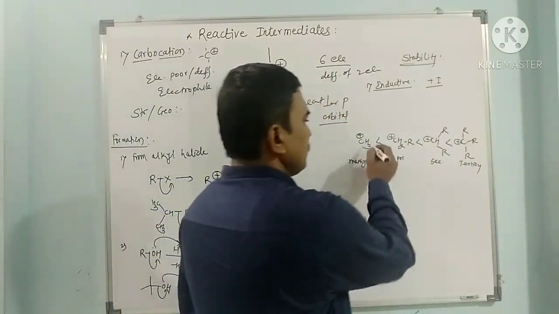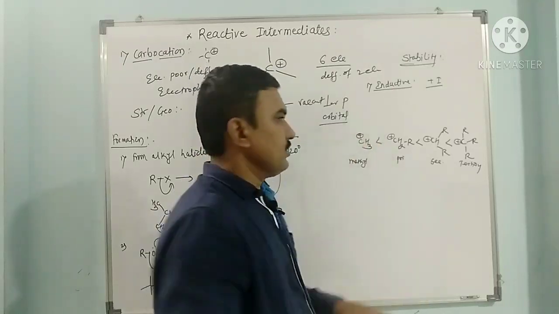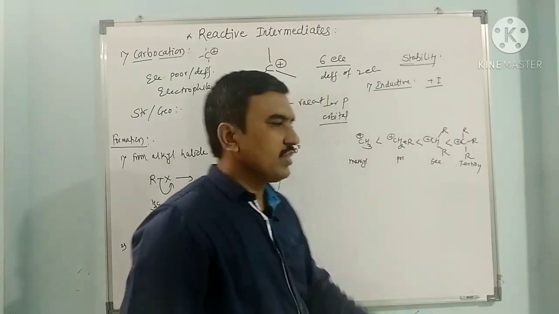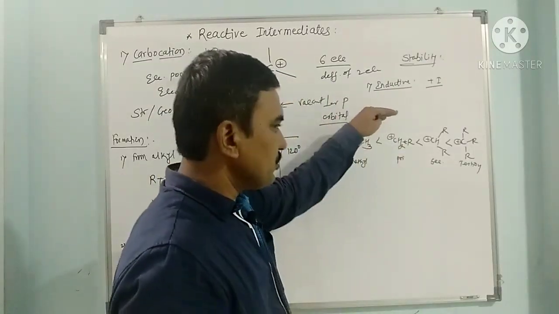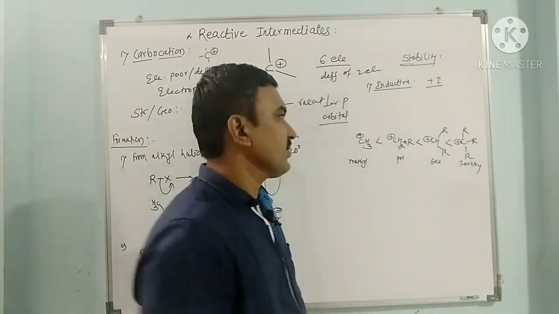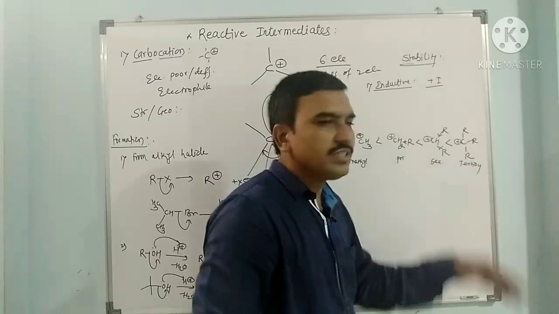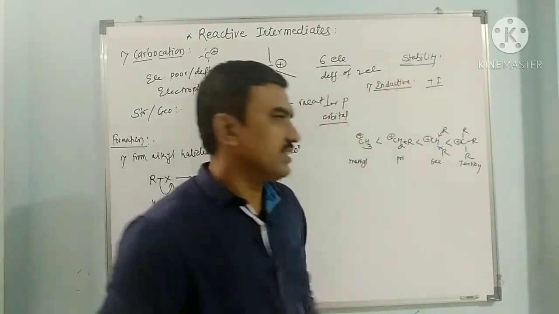Why? Here this carbon is not attached to any alkyl group, but here it is attached to one alkyl group. This alkyl group is donating. When one alkyl group donates electrons inductively to C plus, its positive charge gets decreased. Now here two donating alkyl groups are attached to C plus, so its positive charge decreases more, so its stability is increased.